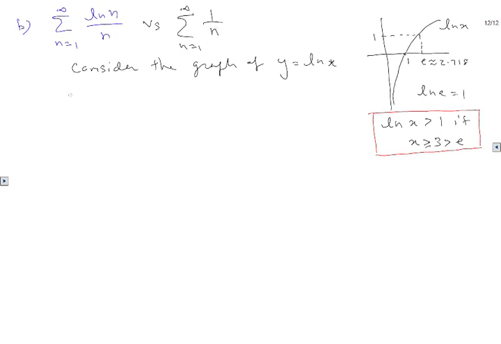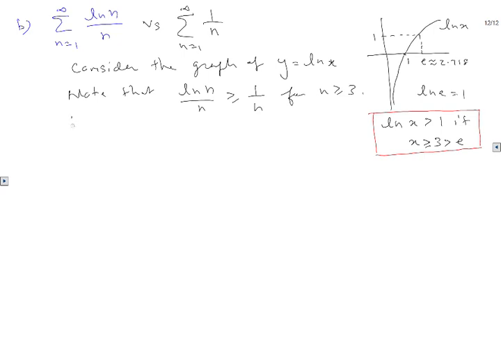So we can say that ln n over n is greater than or equal to 1 over n for n greater than or equal to 3, because it's a series, we just go with 1, 2, 3, so that's true.